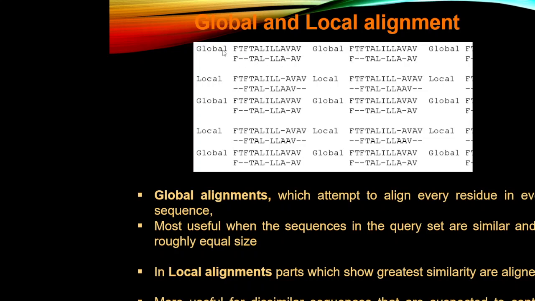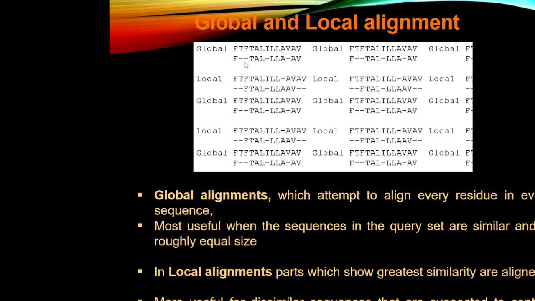What we are doing is starting from one end and stretching it up to the opposite end. So here completely stretching it. If we are aligning every sequence in this way, we call it global sequence alignment. But in the second one, we are only aligning where there is maximum similarity.